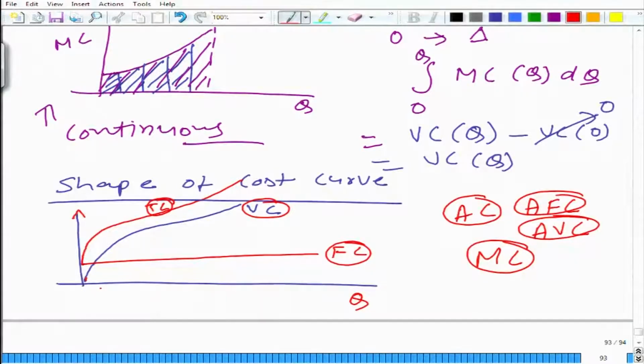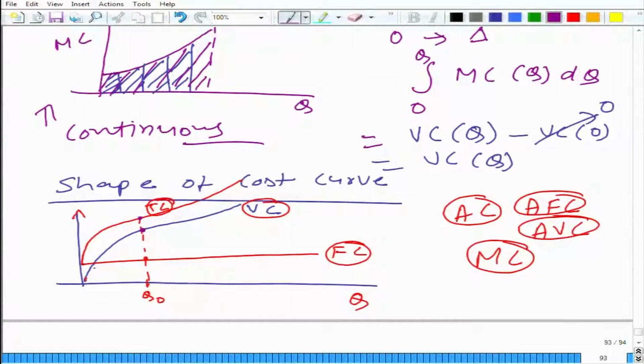If I draw a line from the origin to, let us say, the Q naught level, we find the corresponding point on the fixed cost, variable cost and total cost. We have already learned how we can indicate the average point here.